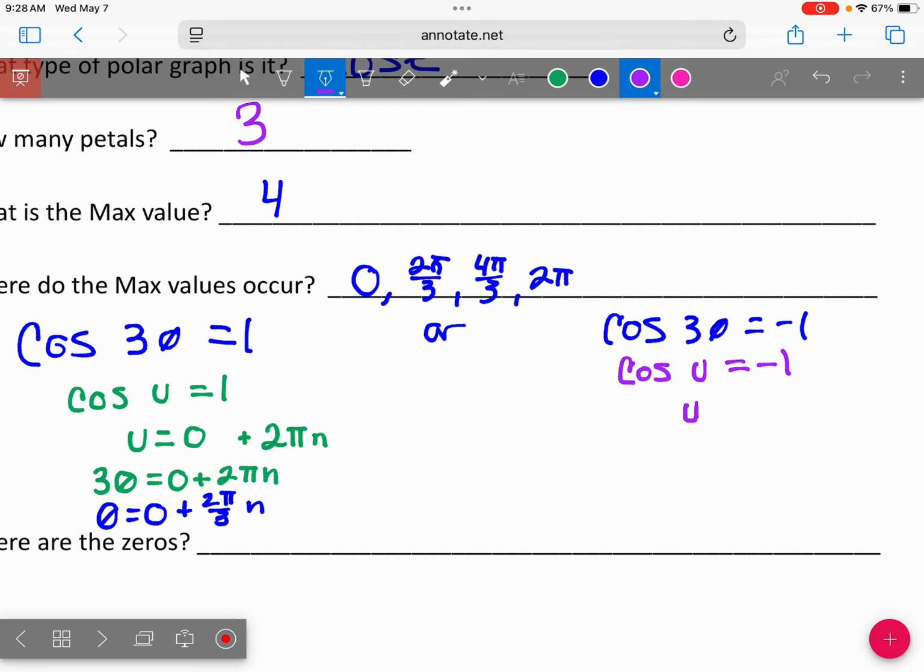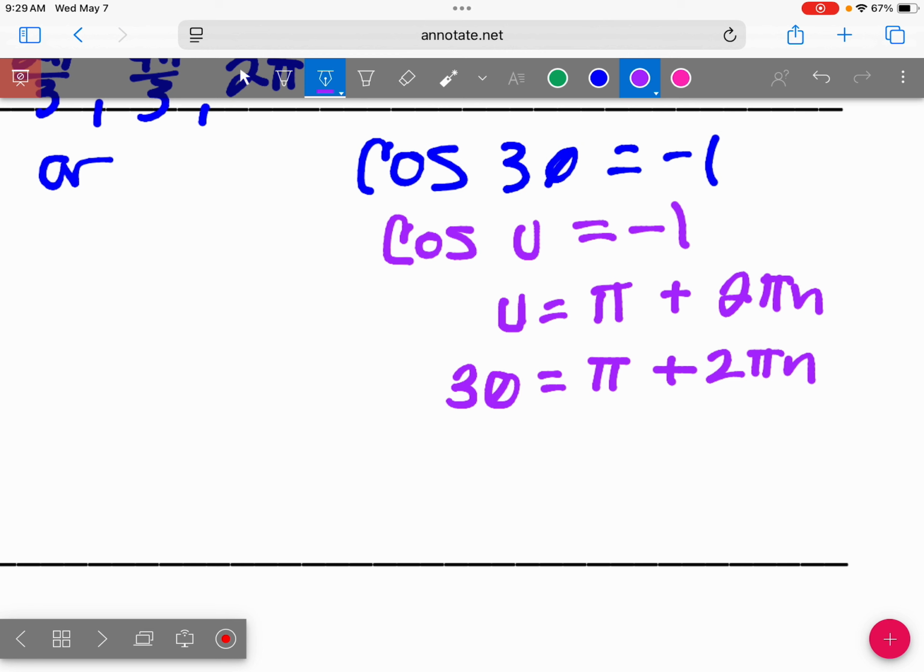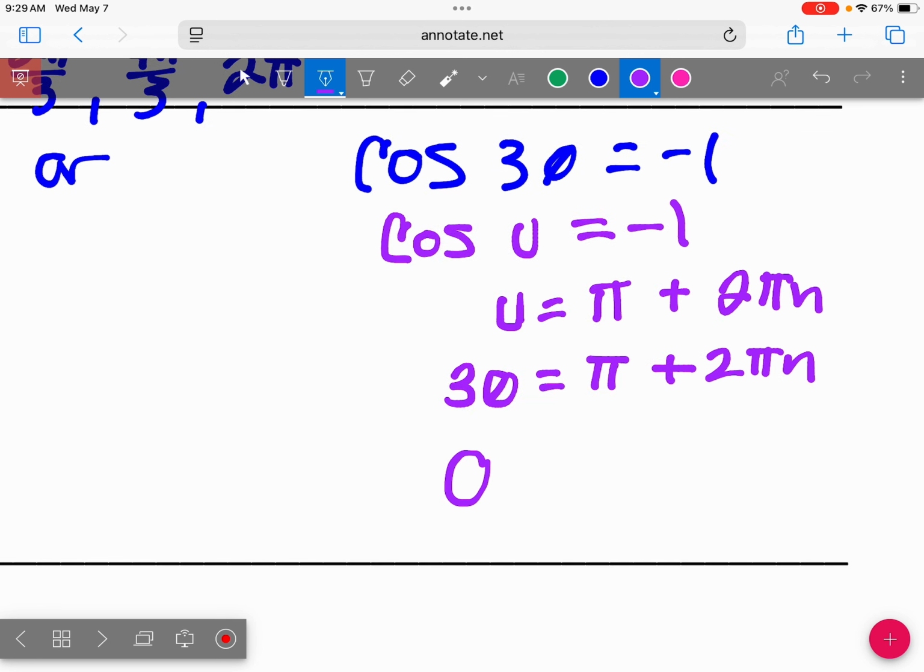So our u is going to be pi, plus every time it reoccurs, 2 pi n. So 3 theta equals pi plus 2 pi n. Divided by 3, our theta is going to be pi over 3 plus 2 pi over 3 n.